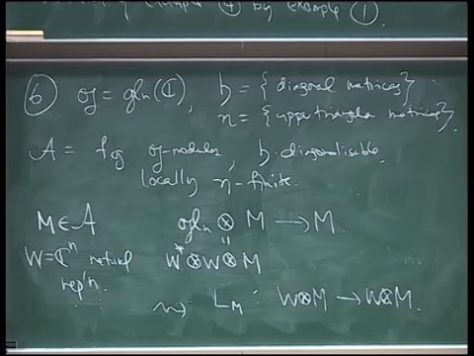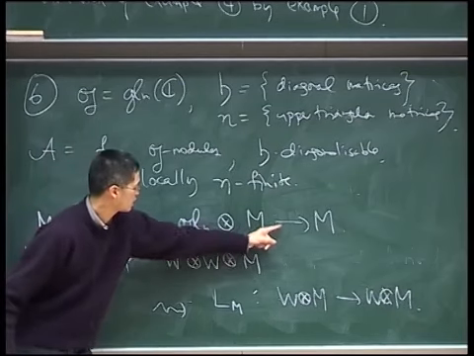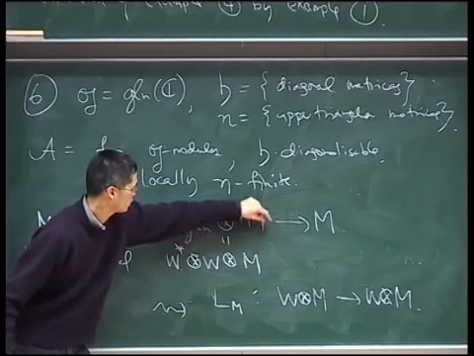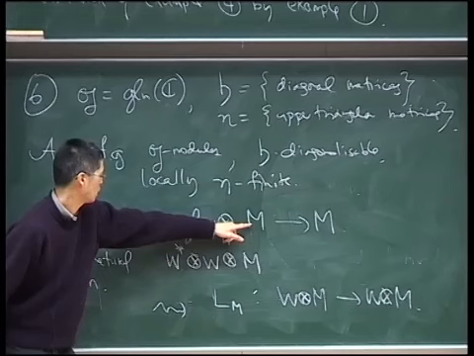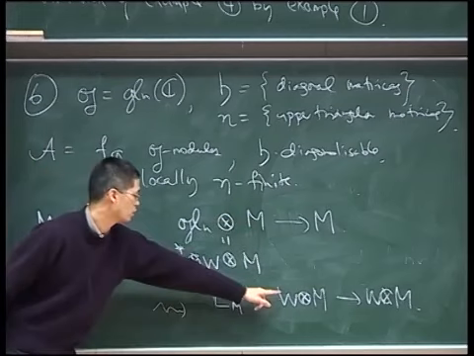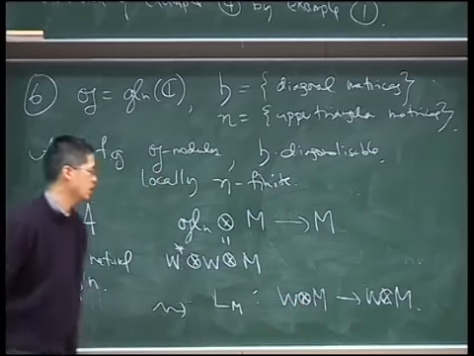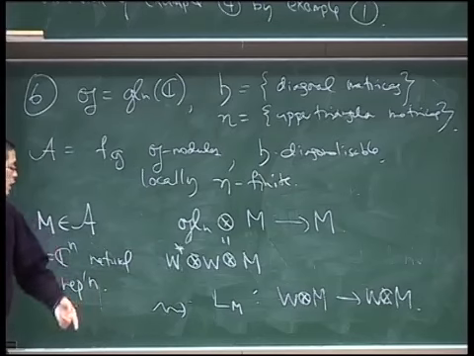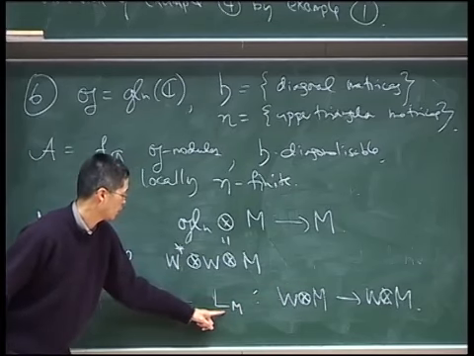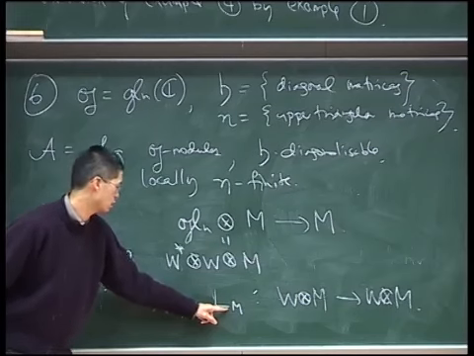Okay, so the way to think about this is that I have a functor which takes any object of the category to that object tensored with the natural representation. But I get for free a natural transformation of the functor.